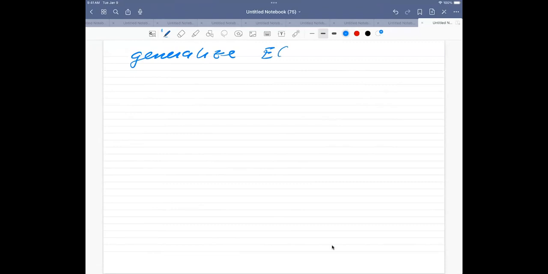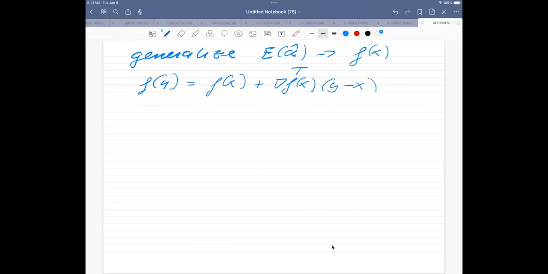Instead of having the energy as a function of alpha, we generalize this to a generic function f of x. The type of equation we end up with is f of y, where we make a Taylor expansion: f of x, a constant, plus the derivative of f evaluated at x transpose, multiplied with y minus x, plus 1/2 of y minus x transpose, multiplied with the second derivative of the function, times y minus x.